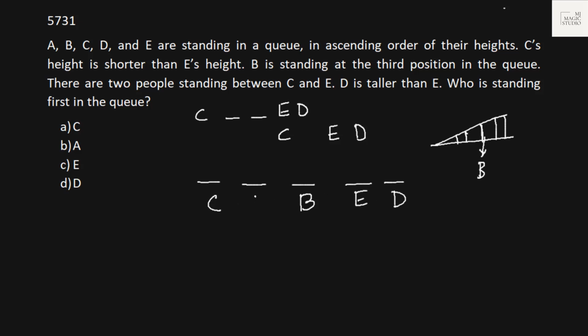This is D, and A should be here. Who is standing first in the queue? C, the shortest one, is standing first in the queue. Option A fits in.